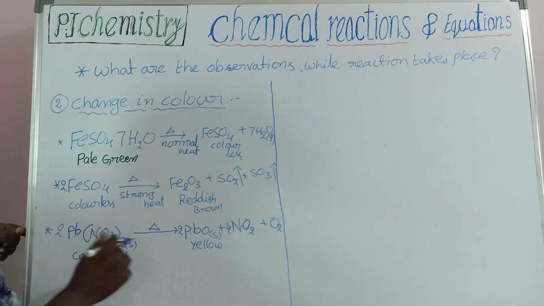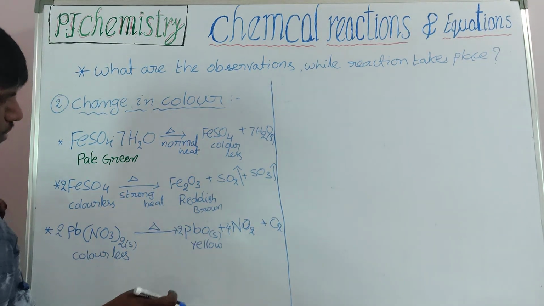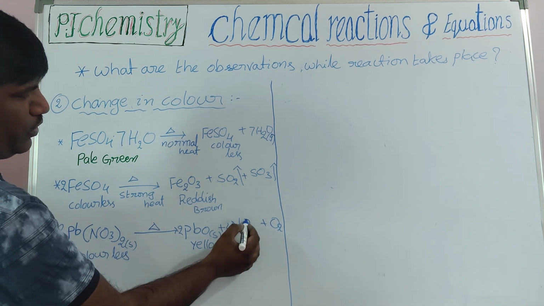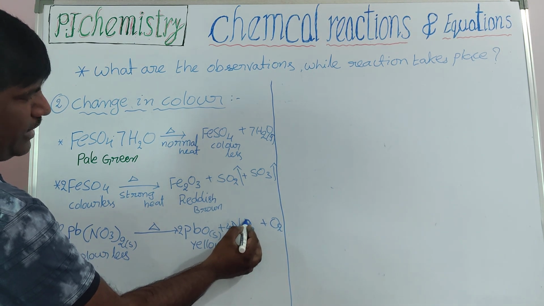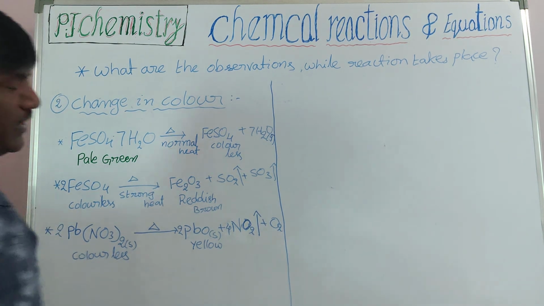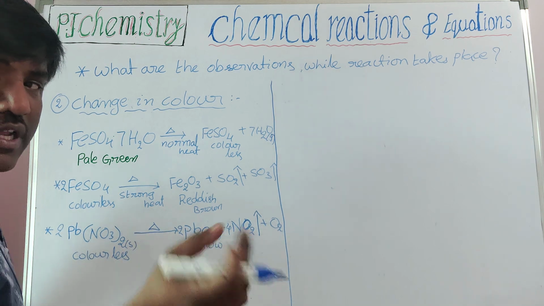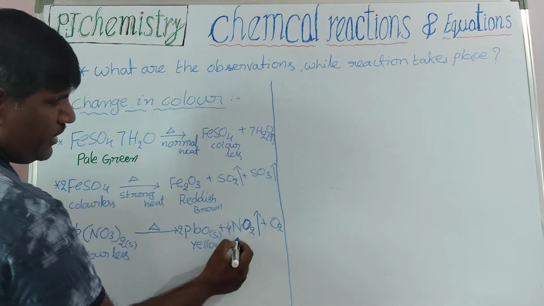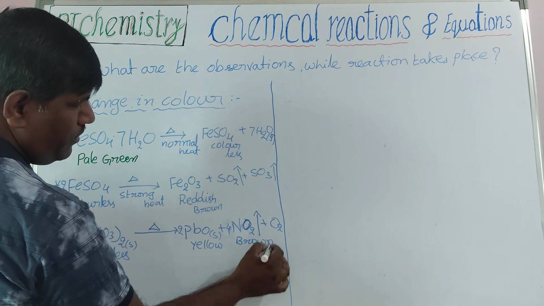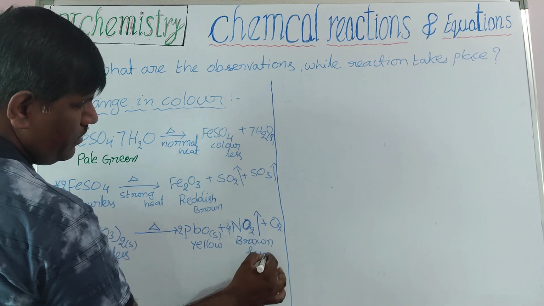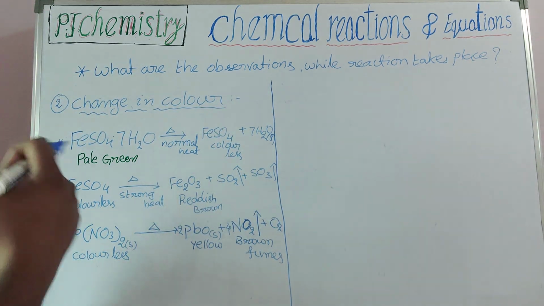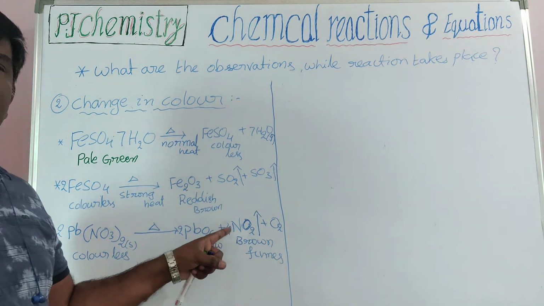Don't forget to mention the physical state of the particular substance. Nitrogen dioxide, NO2: whenever nitrogen dioxide is liberated, it is a gas that appears as brown fumes. So if any hint says brown fumes, you can blindly say that it is nitrogen dioxide.